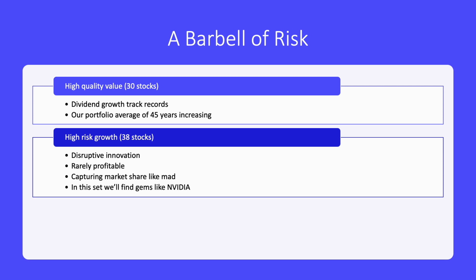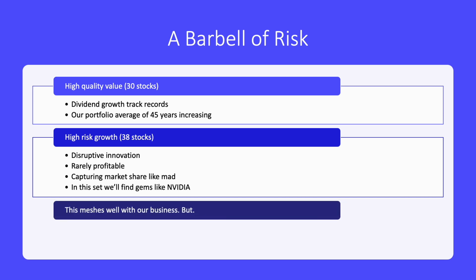These are disruptive innovation firms, rarely profitable, capturing market share like mad. In this set, we hope to find gems like NVIDIA, which we were able to spot relatively early on. And this meshes well, of course, with our business, Nanalyze.